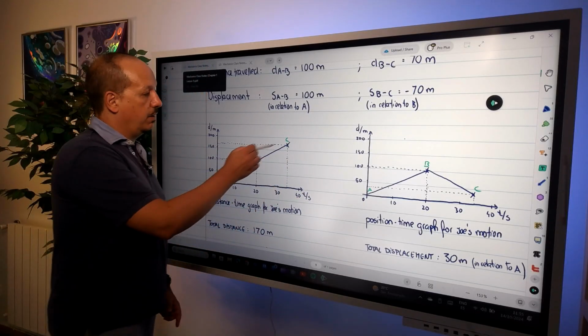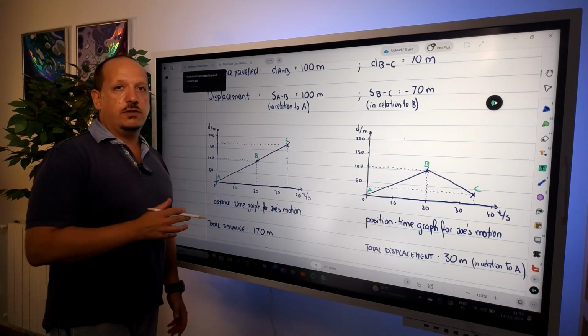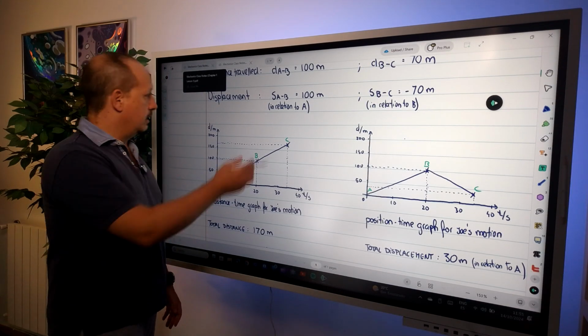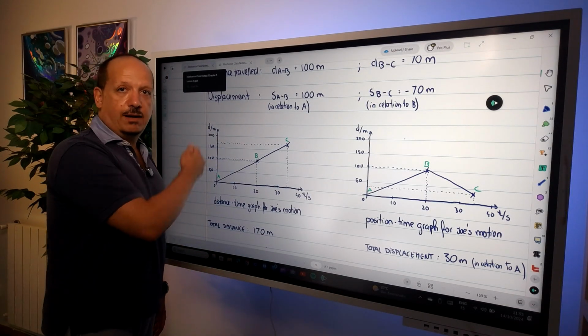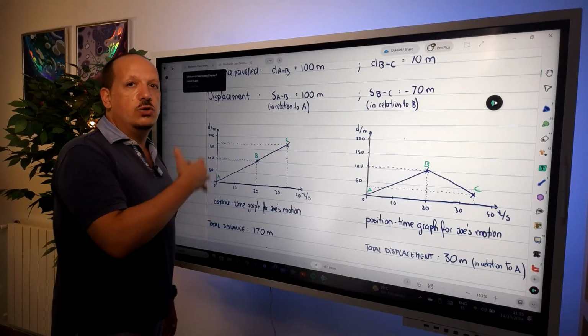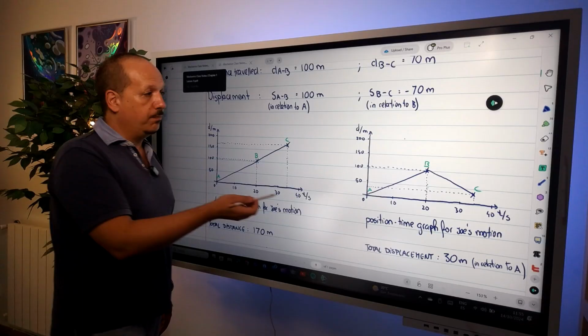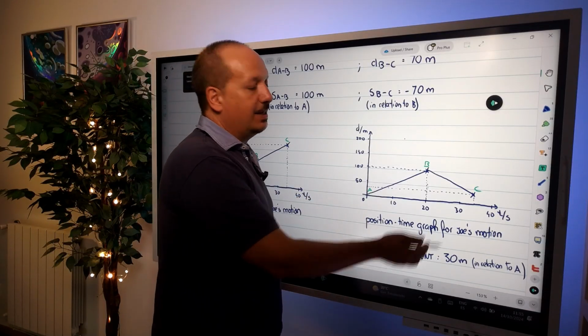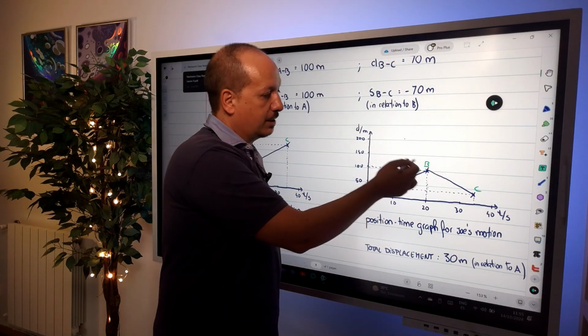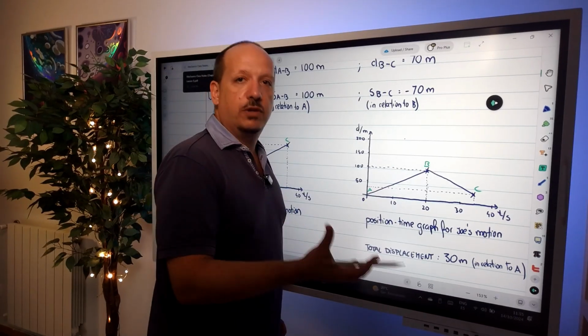So the gradient of these lines would give us those quantities. For the distance-time graph, which is a scalar, the gradient gives you the speed.